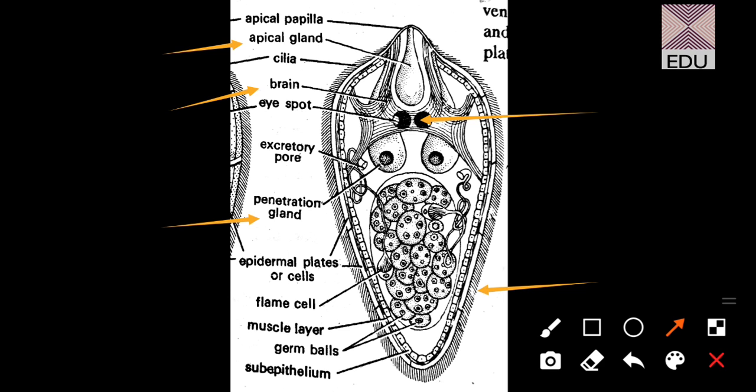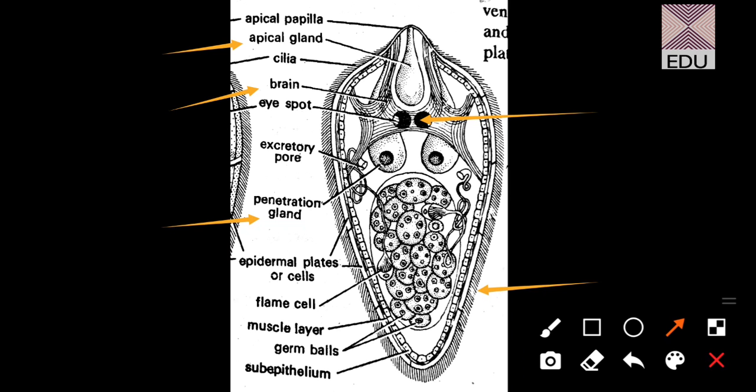Now this larva has 21 epidermal plates, seen in 5 rows. The first and second rows have 6 and 6 epidermal plates. The third has 3, the fourth row has 4, and the fifth row has 2 epidermal plates. So this larva has an overall of 21 epidermal plates.